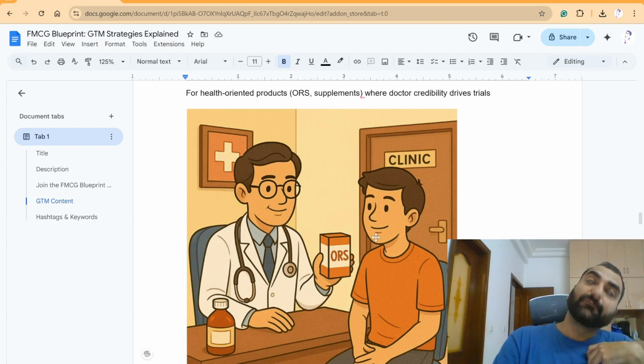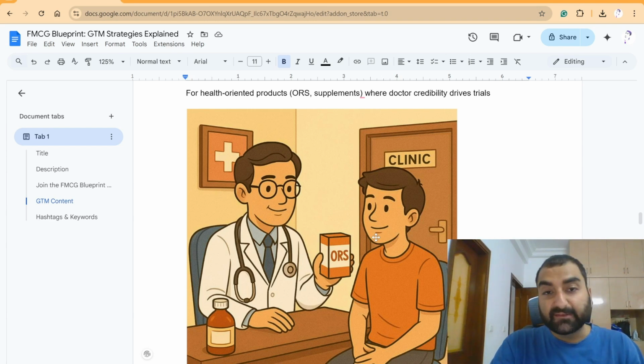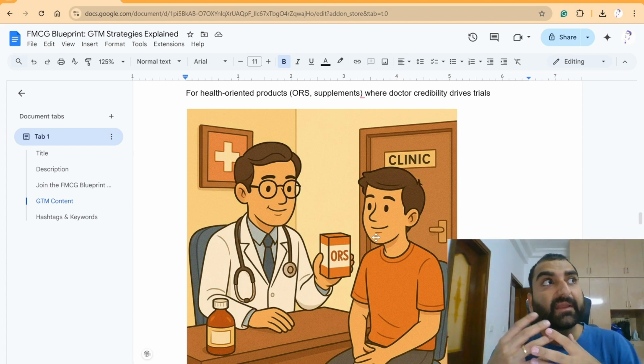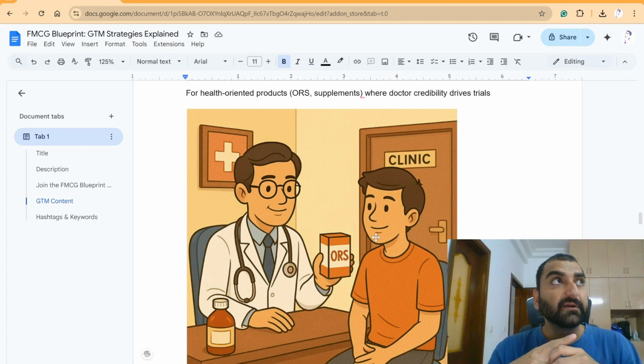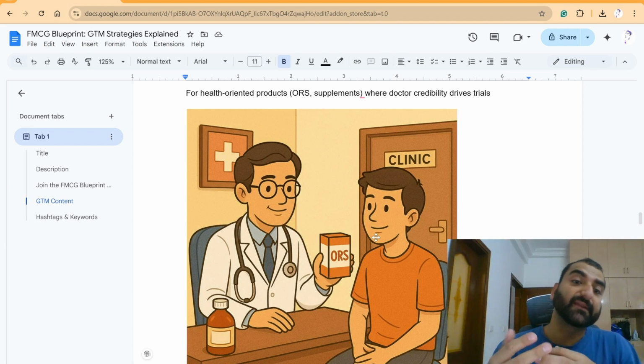For example, in Kenvue, where I'm working, we have ORSL, which is a major contributor and contributes heavily to the business, and it is led by a combination of consumer products as well as doctor-generated trials.